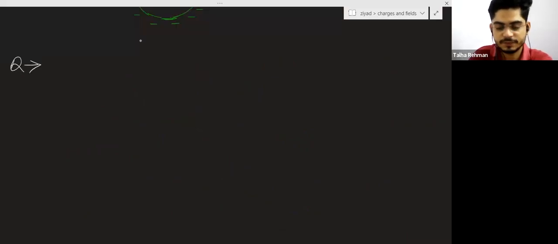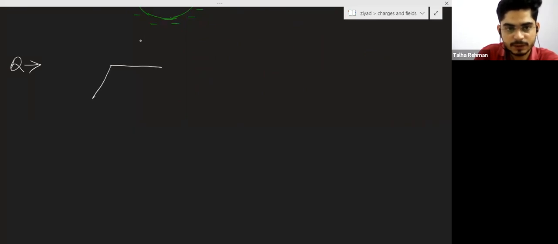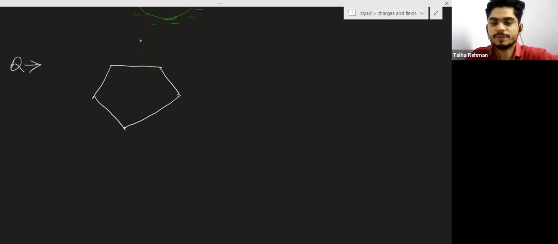So I am taking just one question. We have a regular pentagon like this, like this, like this, and like this. This is a regular pentagon. What is the meaning of regular pentagon?